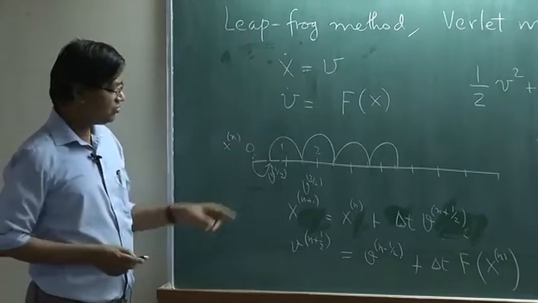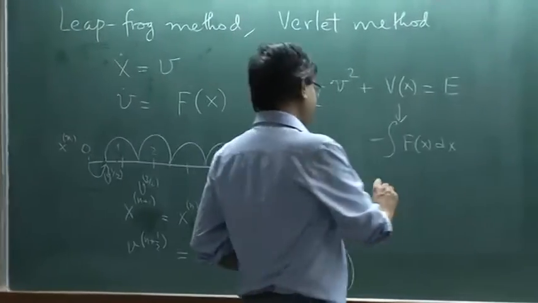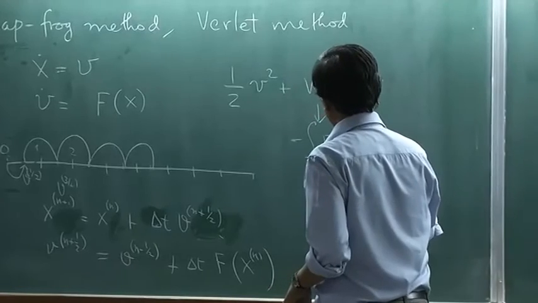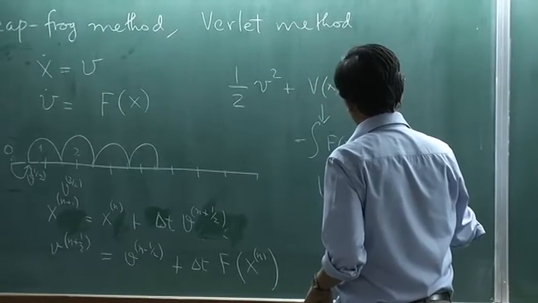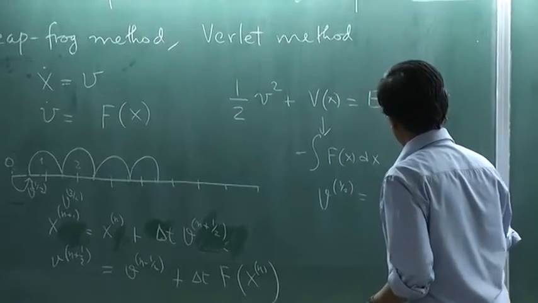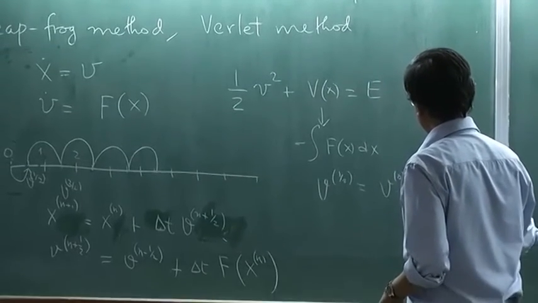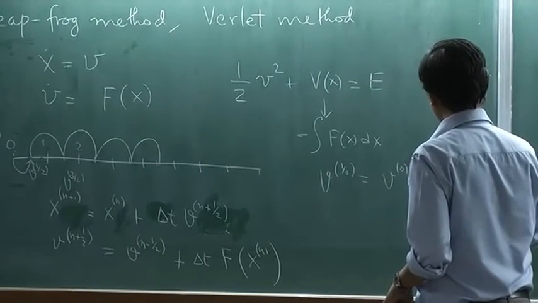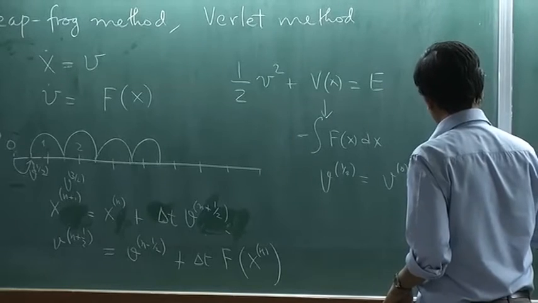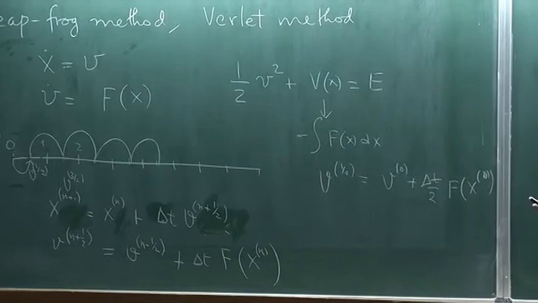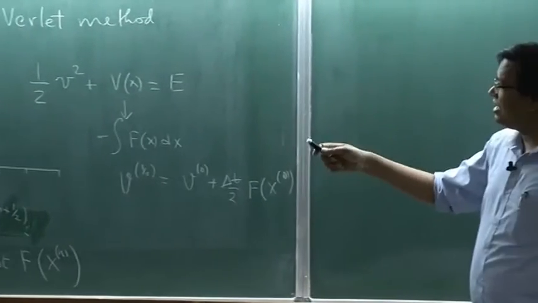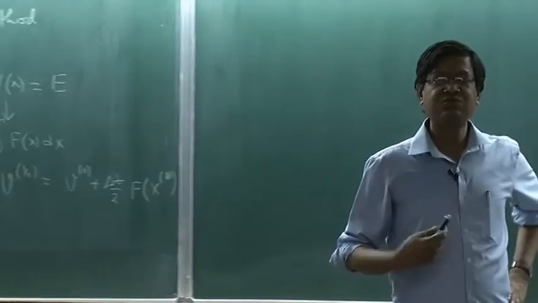So I need this first step, v_{1/2} equal to v_0 plus delta t by 2 times the force, only for the first step.